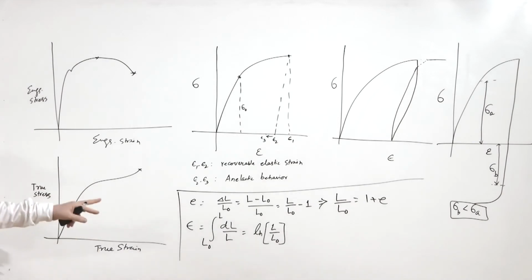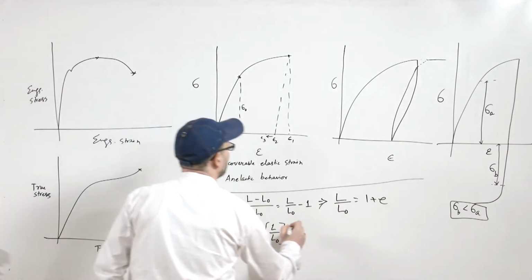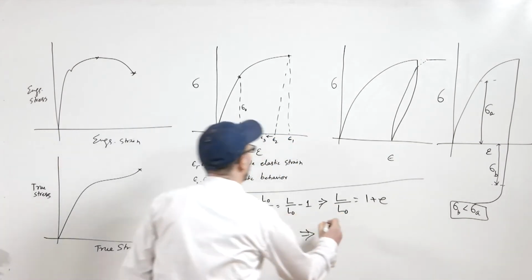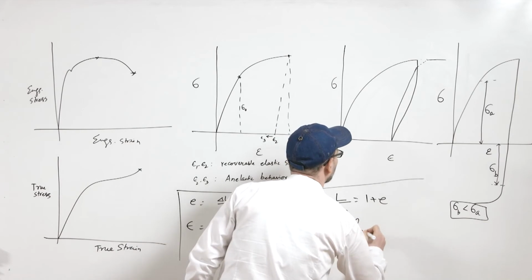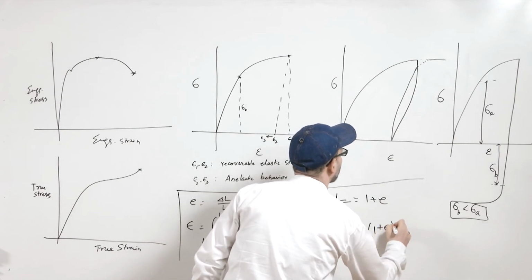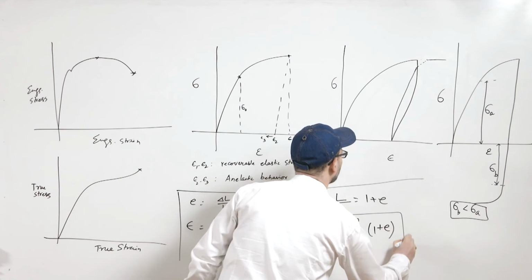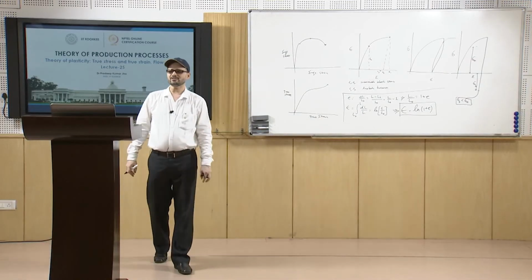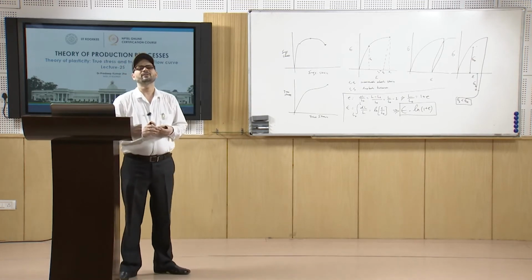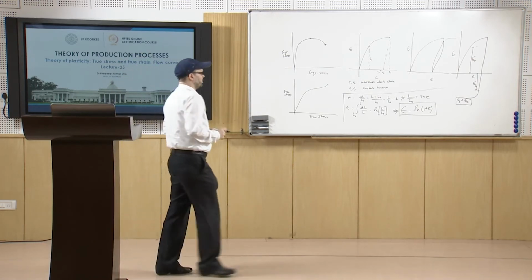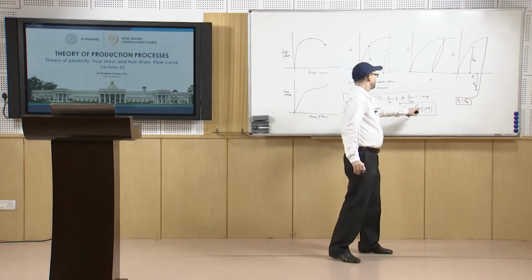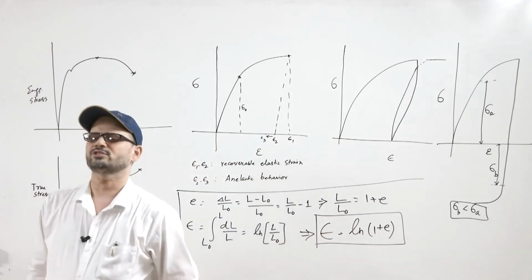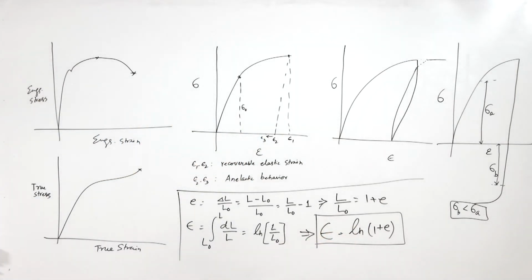So what we see from here is that this epsilon, that is true strain, is coming out as ln of 1 plus e. So this is the relationship for the true strain. Once you know the engineering strain, you can find the true strain using this formula.